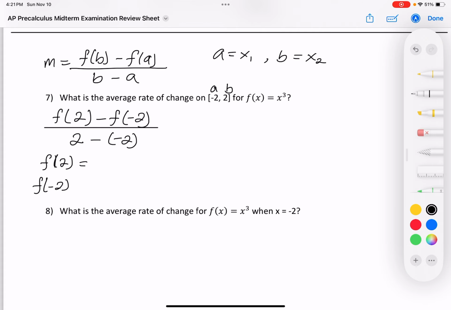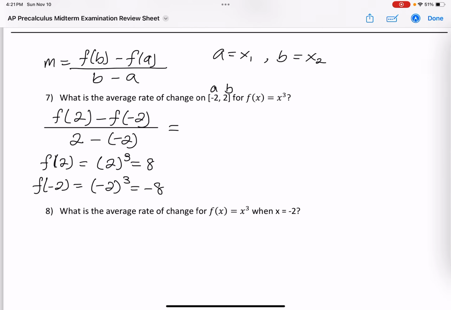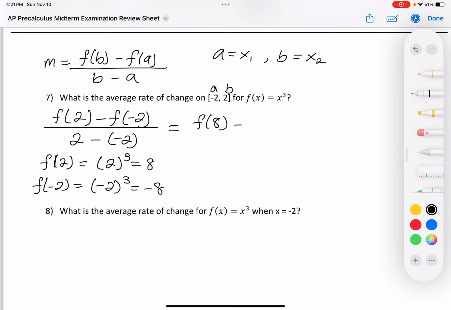To find f of 2, you just substitute 2 into the function. So 2 cubed is 8. And to find f of -2, -2 cubed is -8. I'm going to take off 3 points from this question if you write your answer as f of 8 minus f of -8 divided by 2 plus 2.